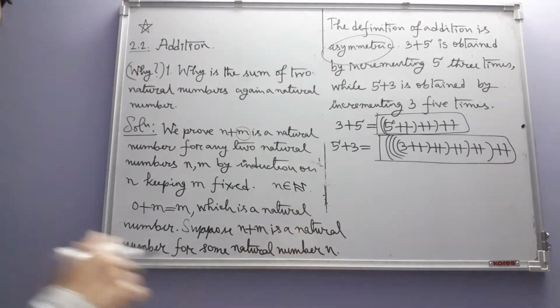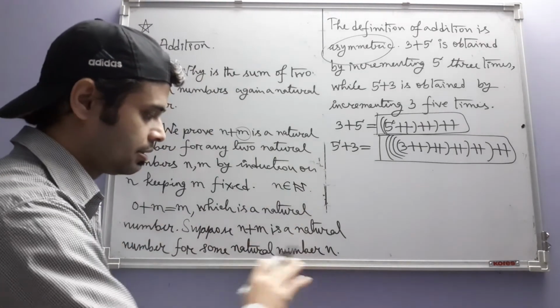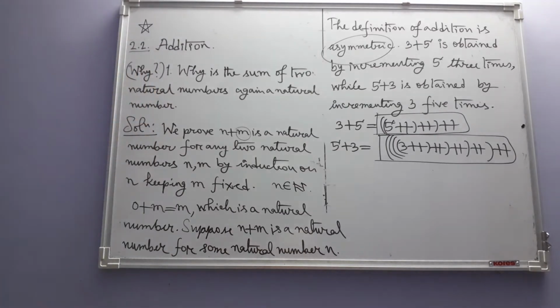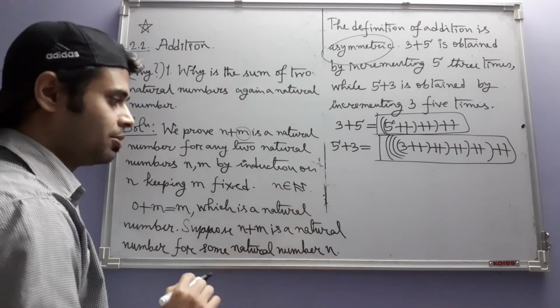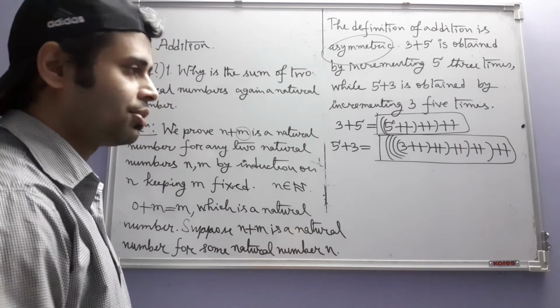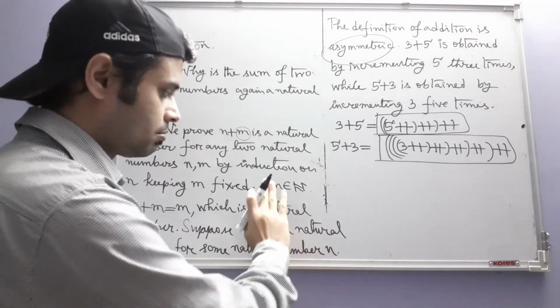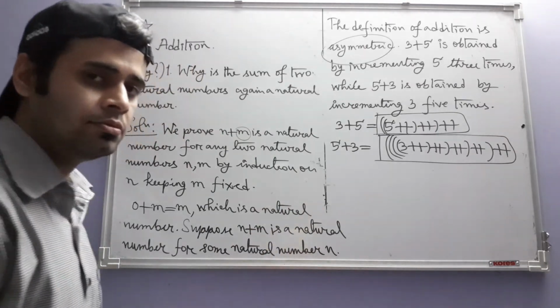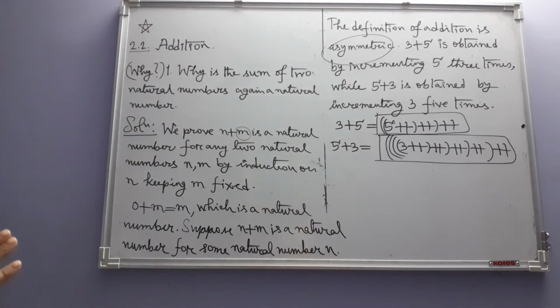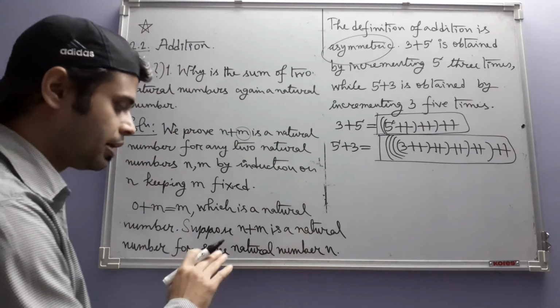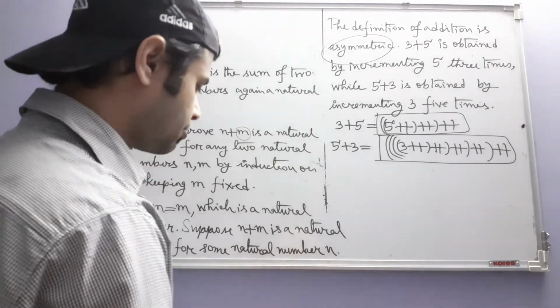I don't have to keep on writing these words. But we are not doing that here because we are trying to avoid set theory. We have not presented axiomatic set theory to you, so that's why we are avoiding that notation.